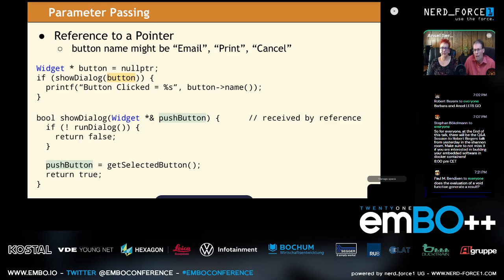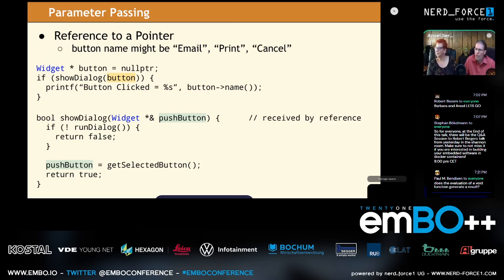But regardless, that pointer to widget will be stored in pushButton. Since pushButton is a reference to a pointer, it's the same as if we were using the original pointer, the pointer named button in the calling scope. So we're going to update the value of button to correspond to the value that was returned by getSelectedButton.